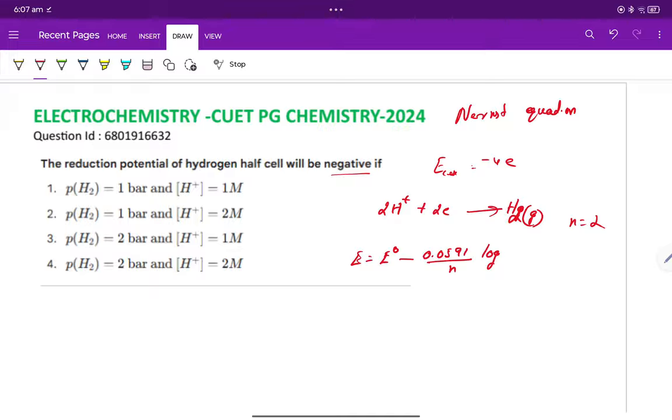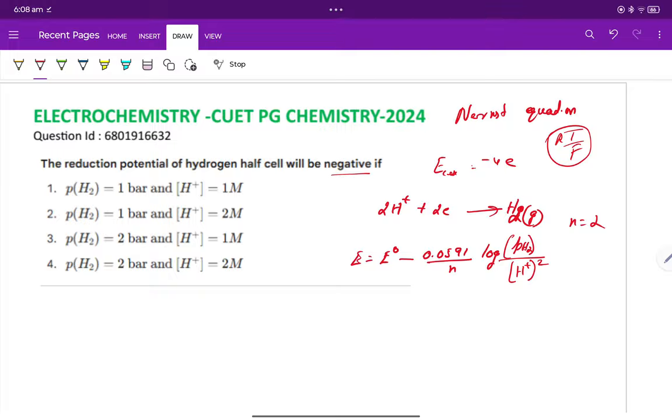The product is hydrogen, so you take the partial pressure of hydrogen divided by the concentration of H plus. There is 2H plus, so you have to take H plus to the power of 2. And of course, the 0.0591 by N comes from the constants, which is RT by F. Now, let us see the conditions one by one.